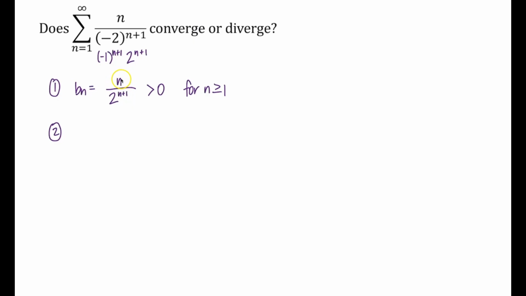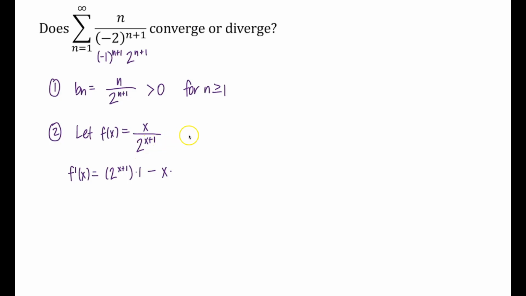But again, because the numerator is a function of n and the denominator is a function of n, we're going to need to do this using derivatives. So let's let f of x be equal to x over 2 to the x plus 1, and then we'll find the derivative using the quotient rule. So f prime of x is equal to the bottom function, 2 to the x plus 1, times the derivative of x on the top, which is 1, and then minus the top function x times the derivative of the bottom.